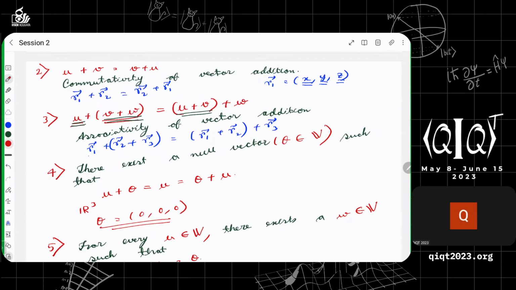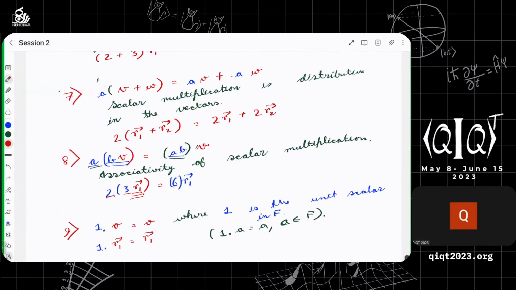So that's why we have to lay down some rules for when we will call some set a vector space, or when we will not call it a vector space. These are the rules, and as you can see, the real space vectors satisfy these conditions. And so any other set V on some set of scalars F which satisfies all these conditions, we will also call that set V a vector space.